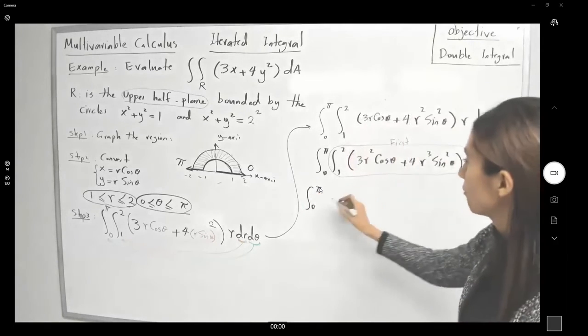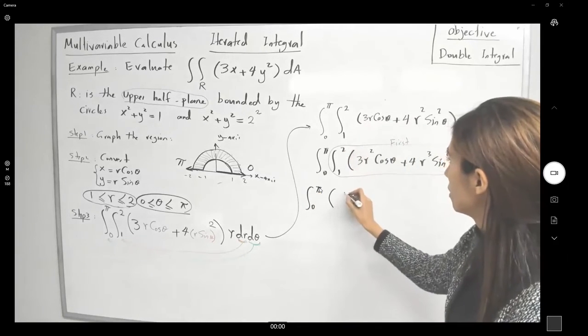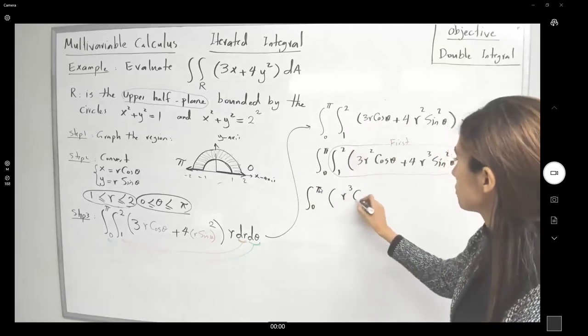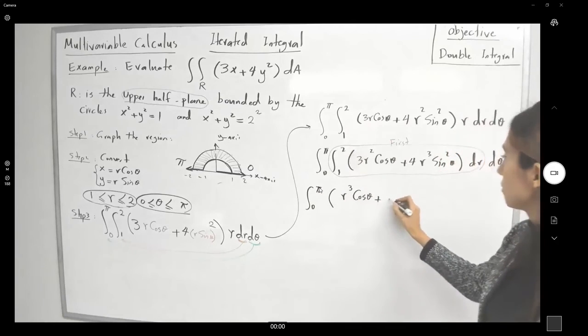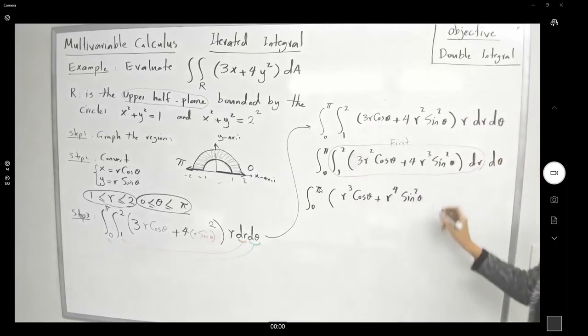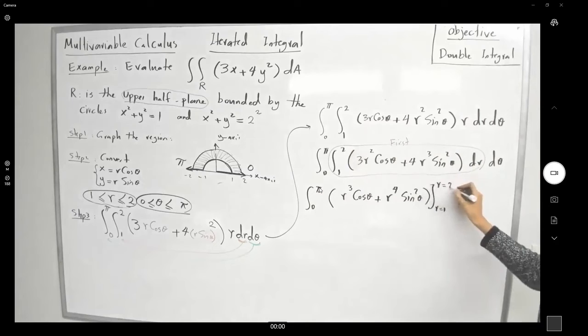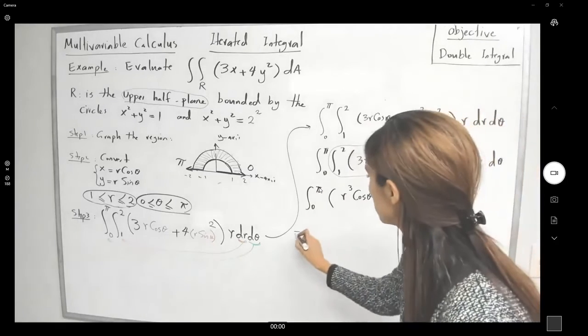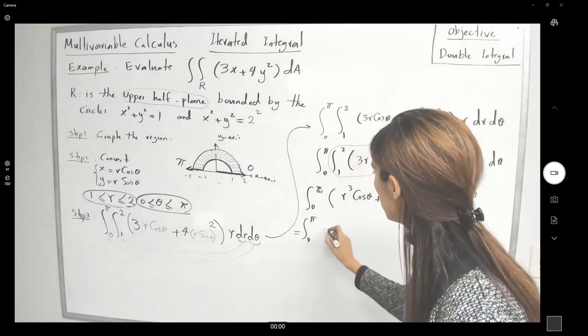Well, here you have r cubed cosine theta plus r to the 4th sine squared theta, and my r is bounded between 1 to 2, then d theta.